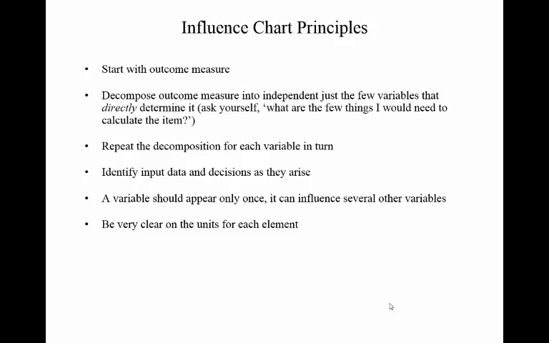So, for example, price is perhaps a decision variable that you're going to choose, but price is going to influence demand, perhaps, and demand and production are going to influence the number of units that you sell. So there may be more than one arrow emanating from an element because it clearly is affecting a number of things.